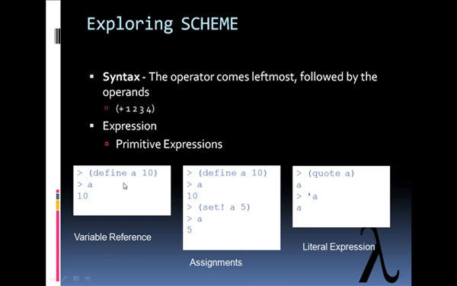For example, you can take this. Literal expressions are expressions created using quote, which are equivalent. For example, something like this. Numbers, characters, strings, and booleans need not be quoted since they evaluate to themselves.